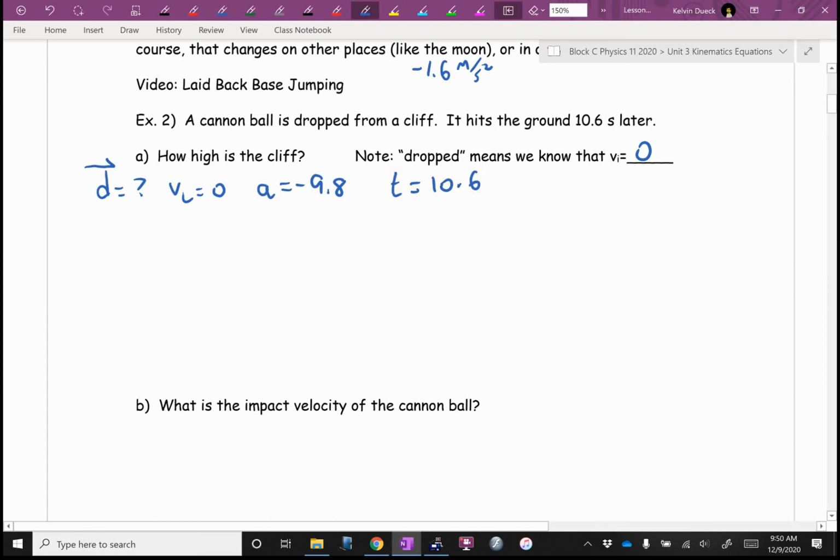Looking for an equation that has a D, a VI, an A, and a T in it. Jordan, which equation? Jordan, you made my little math nerd heart sing. Because here's what I was prepared to do. Usually kids say D equals VIT, and I cut them off and I say, don't waste my time. Because VI is what?